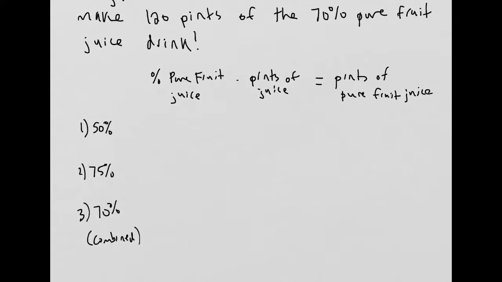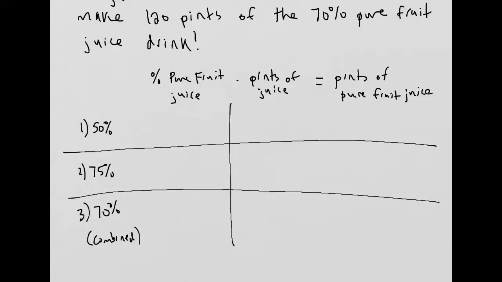So now I'm just going to make a table out of my information. If I fill in the first part of the table, if my juice is 50% fruit juice, the percentage that's fruit juice is 0.50 as a decimal. The second one, 0.75. The third one, 0.70.